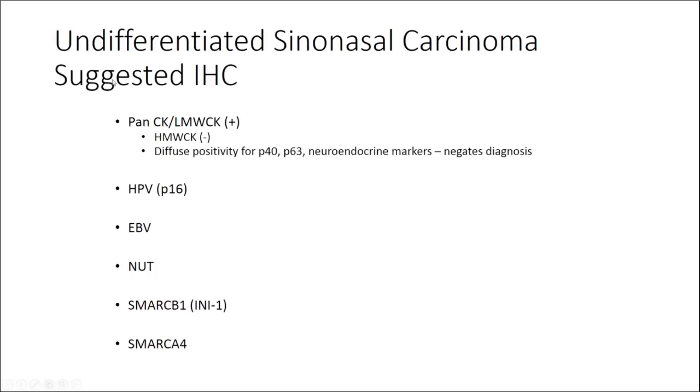So usually just doing those low molecular weight cytokeratins should be what you're seeing. And if you begin to see especially strong positivity for squamous markers, you should be rethinking that diagnosis. So other things to do when you're dealing with an undifferentiated carcinoma is establishing whether or not it's HPV associated, EBV associated, and then is it a NUT carcinoma or is it one of the carcinomas associated with the SMARC protein loss.